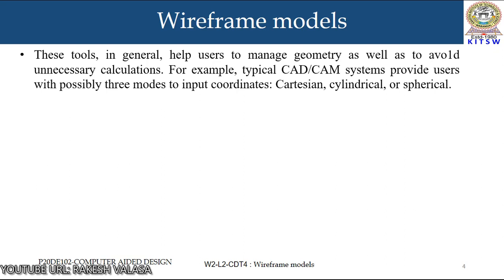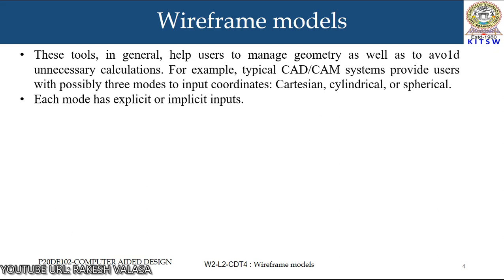For example, a typical CAD/CAM system provides users with possibly three modes to input coordinates. Here, the three different modes are Cartesian coordinates, cylindrical coordinates, and spherical coordinates. Each mode has explicit or implicit inputs.